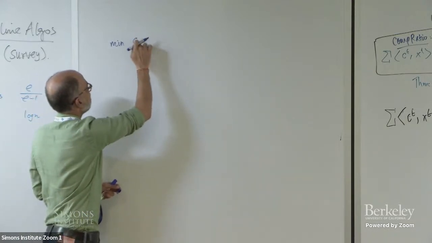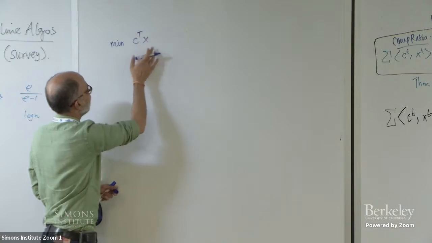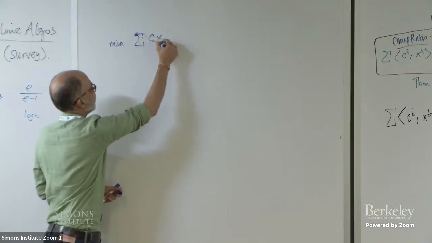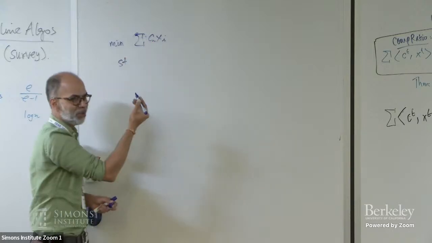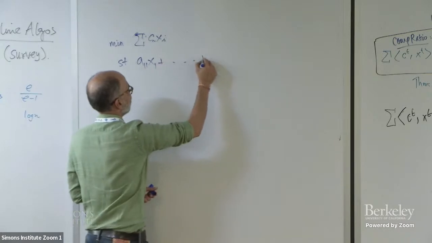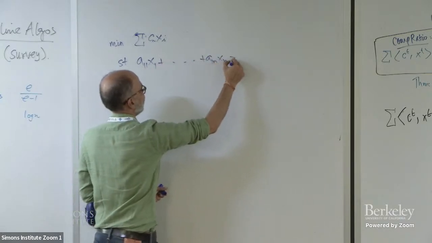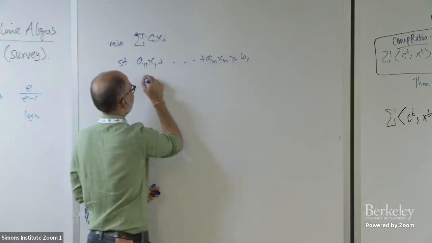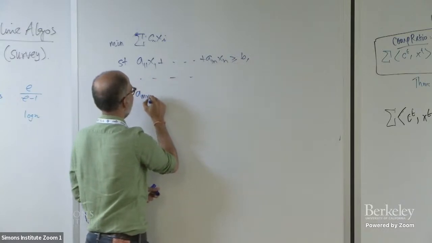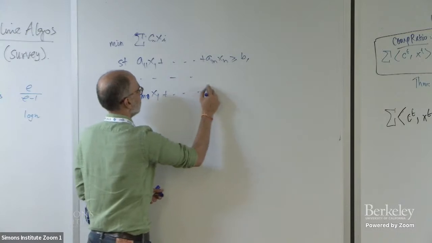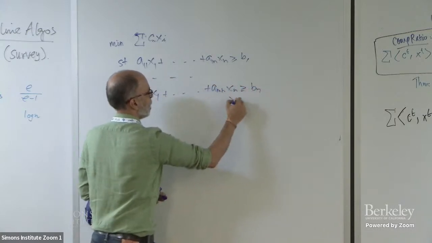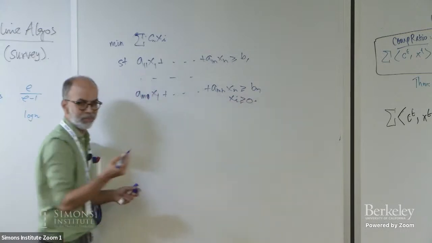So what I'm trying to do is minimize summation c_i x_i subject to constraints of the following form: a11 x1 plus and so on is at least b1, up to am1 x1 plus and so on, and let's say all the x_i's are non-negative.